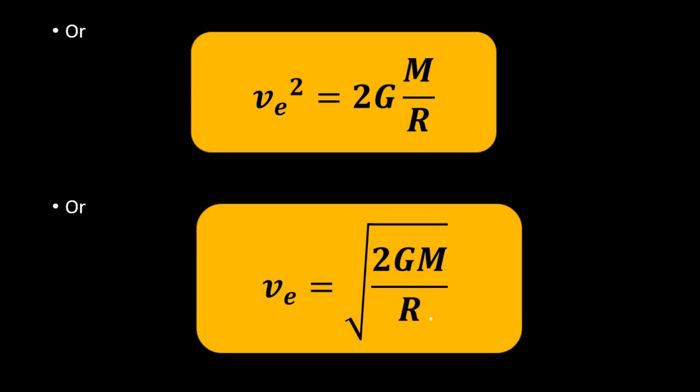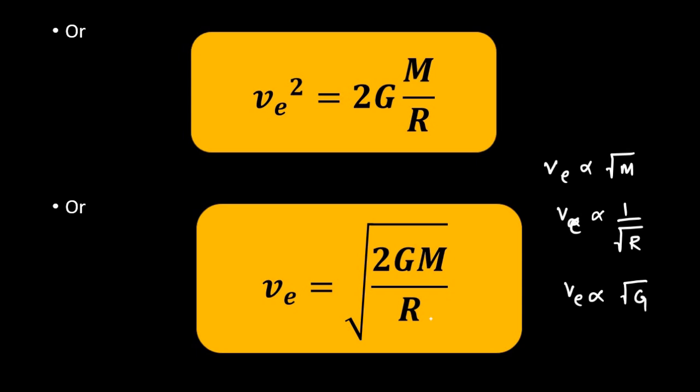So we have VE is equal to root over of 2GM by R. Here the escape velocity is directly proportional to the square root of the mass of the earth. It is inversely proportional to the square root of the radius of the earth, and directly proportional to the square root of the universal gravitational constant.